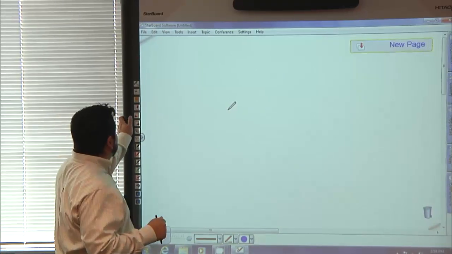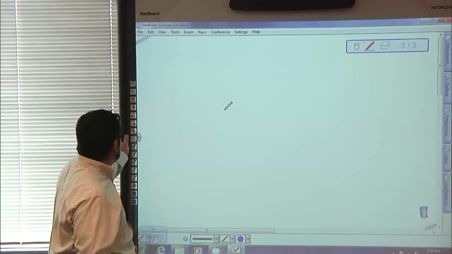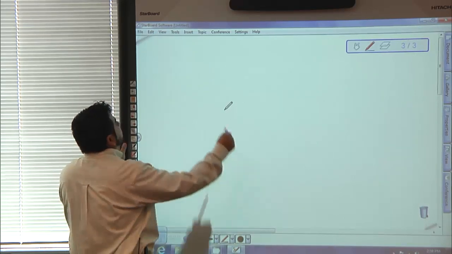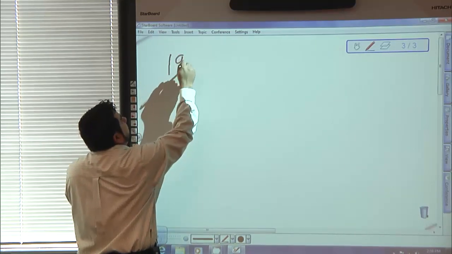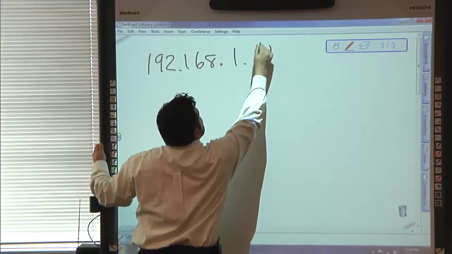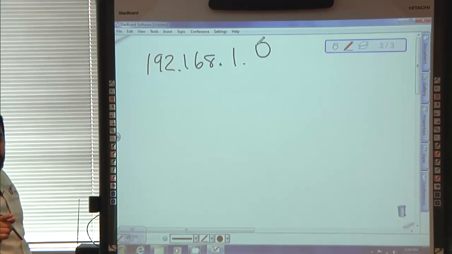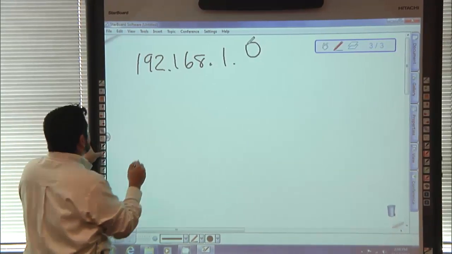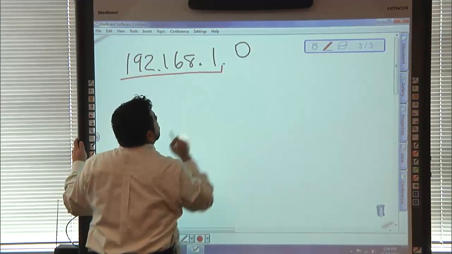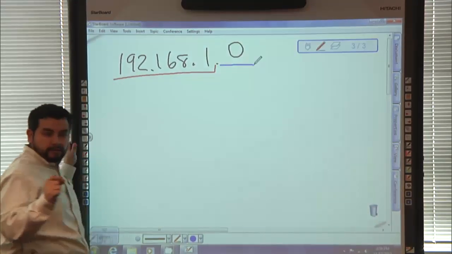Let's take the easiest one, a Class C address. Somebody give me a Class C IP address. It's actually .0. Why is it .0? Because this is the network, and the host always starts with 0.